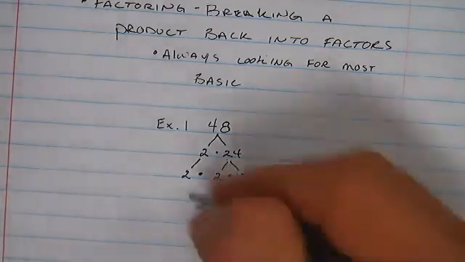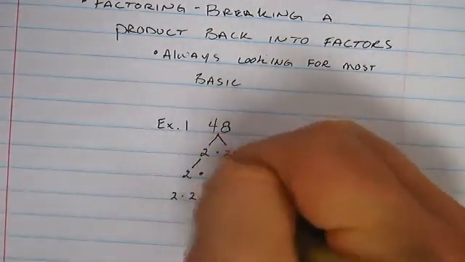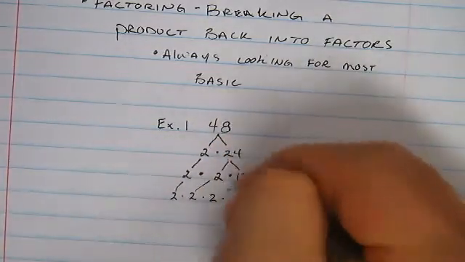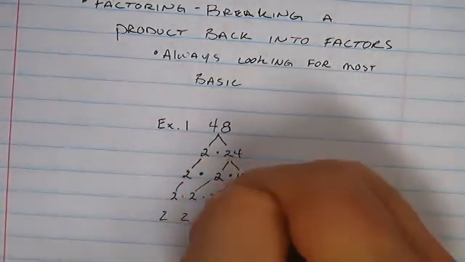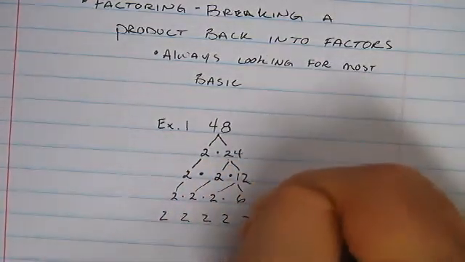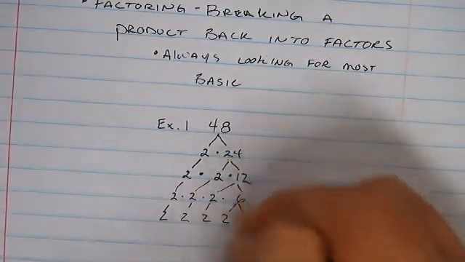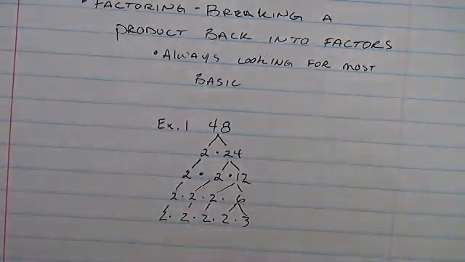So we would continue until we got 2, 2, 2, 2, and 3, to where we have nothing but prime factors. There's nothing else that can come out of any of those factors.